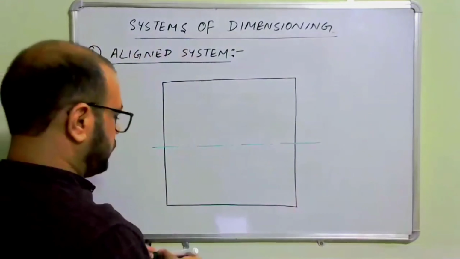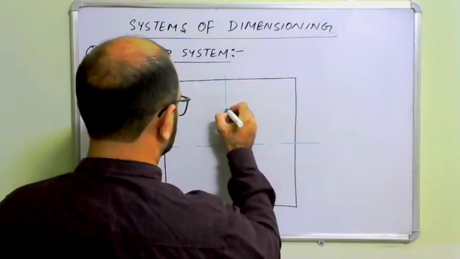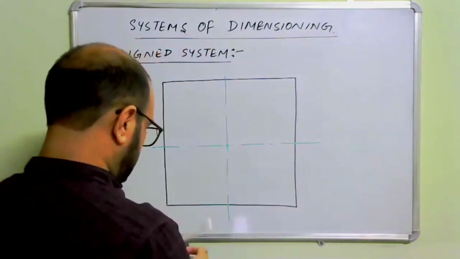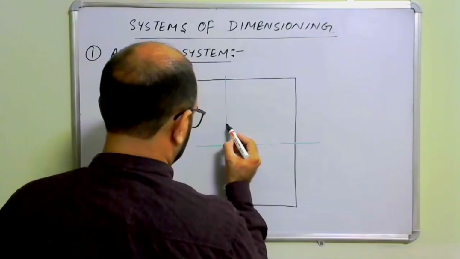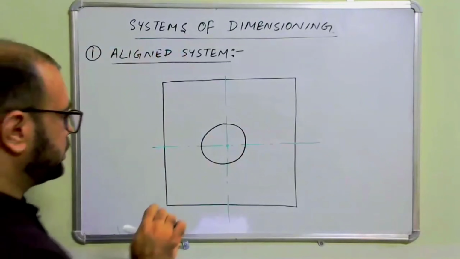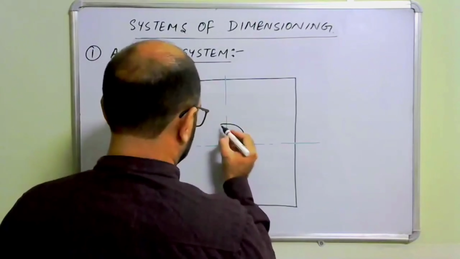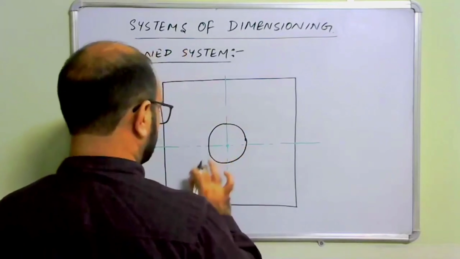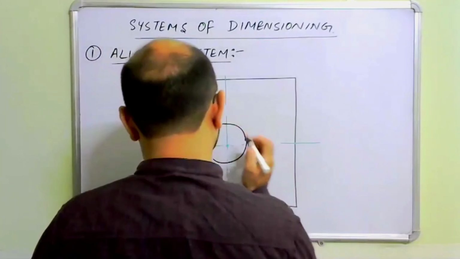So this figure you need to draw, and let us draw a center line over here also. Let us say this is the center, and you draw a circle. Let the circle be equal to the diameter of 30 mm.